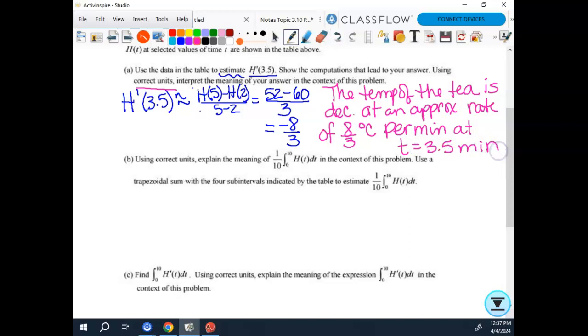And instead of writing this, you could write this. That's totally fine as well, either way.